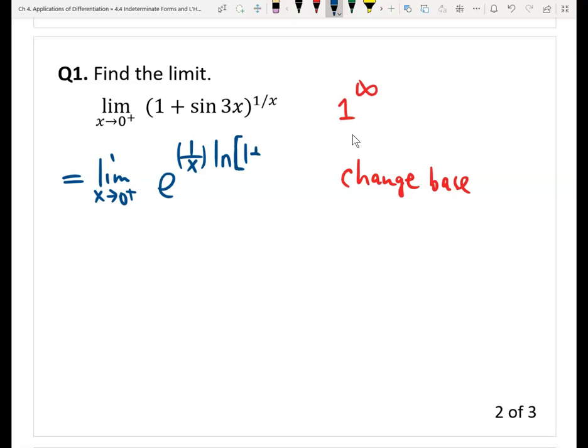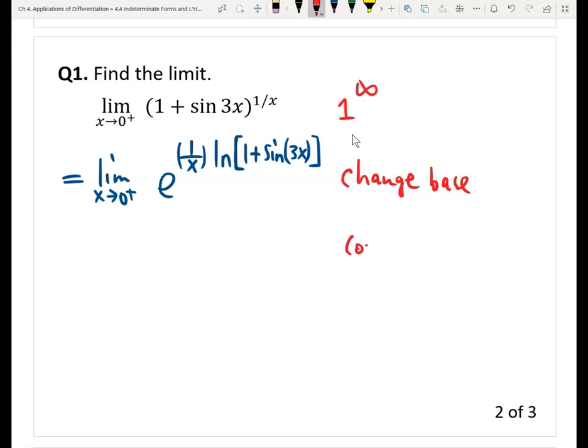So 1 plus sine 3x. Let me put the parentheses, okay, like this. What do we get? We already get a kind of exponential function, right? Now what can we do? We can use the continuity of the exponential function.